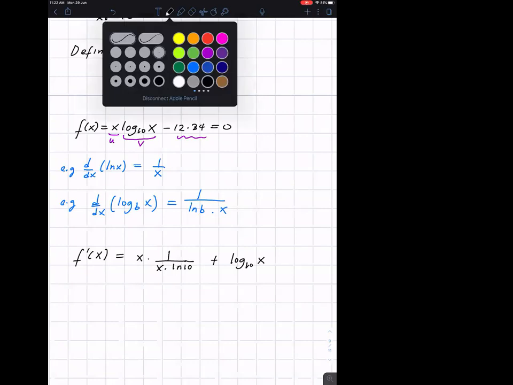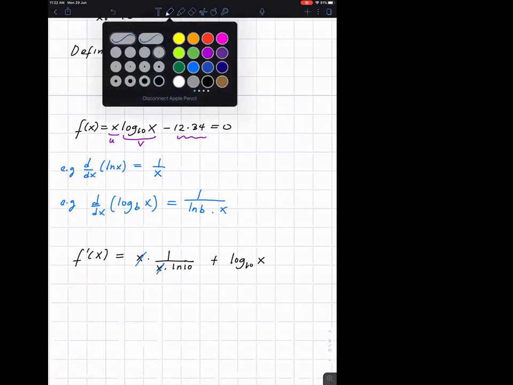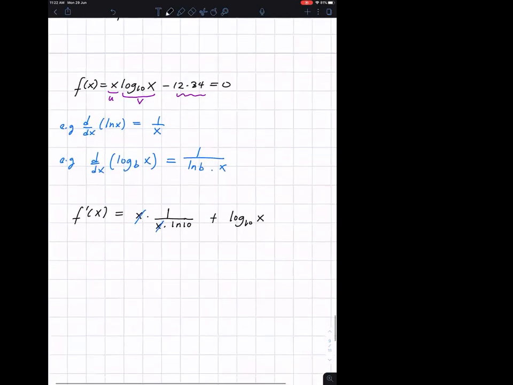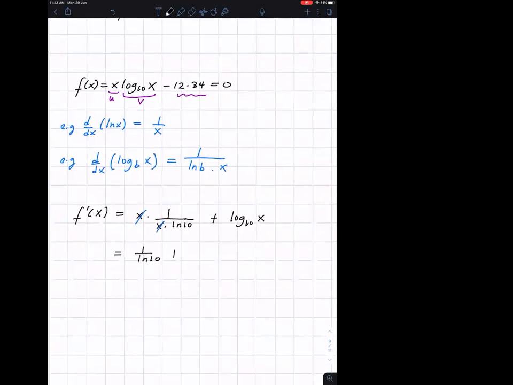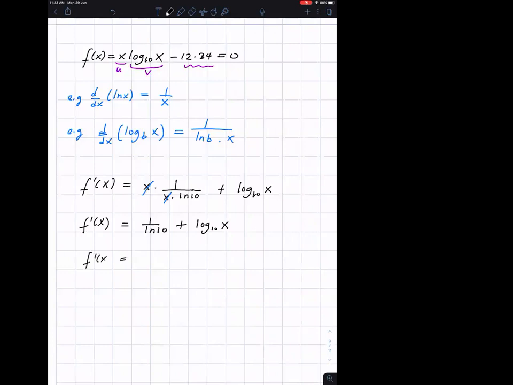These two cancel, and then you get 1 over natural log 10 plus log base 10 x. That's equal to, now you use the formula.